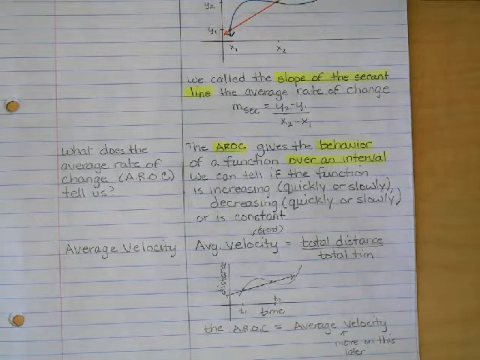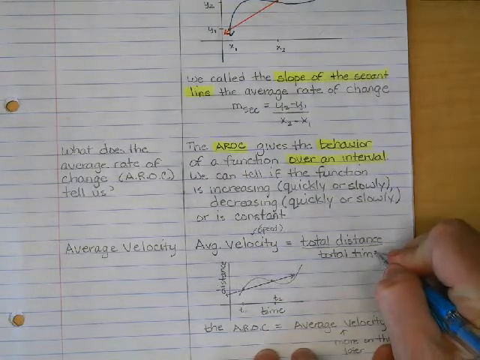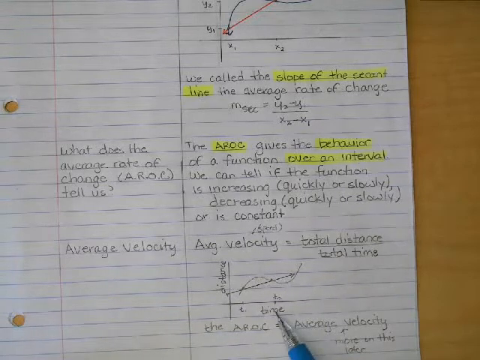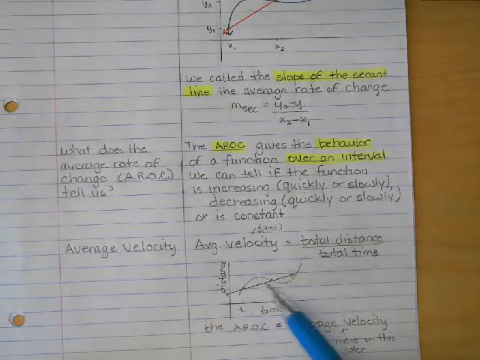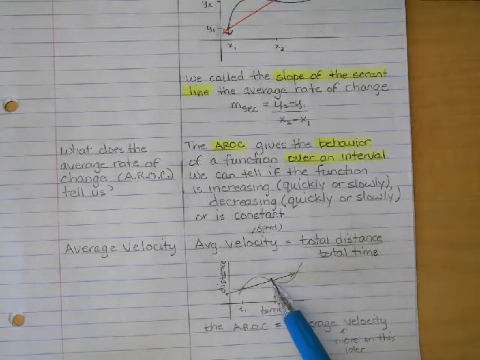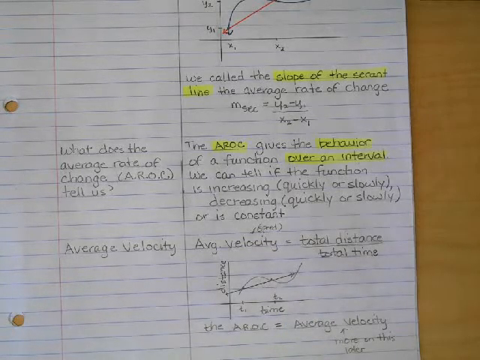Average velocity is just total distance over total time. That's all it is. You could have something moving along some path, and if you're finding its average velocity, you're just finding the slope of the secant line. Again, that's going to be really important.